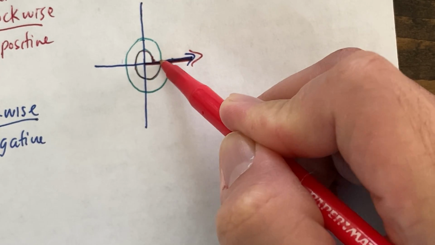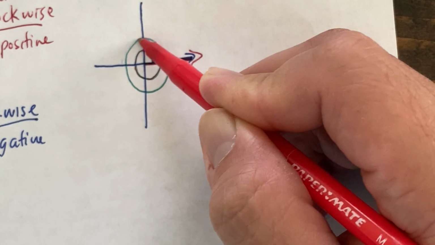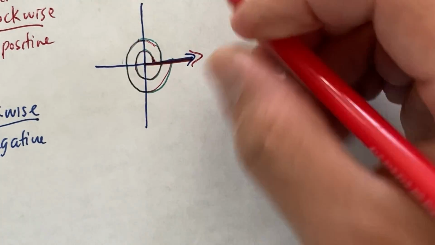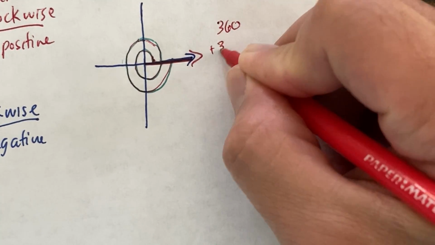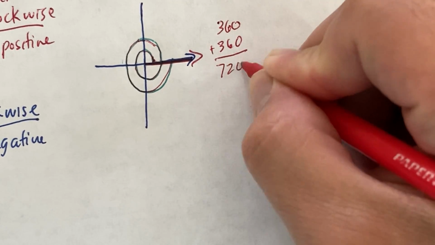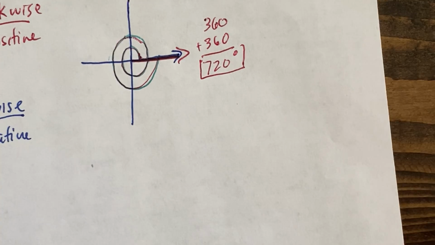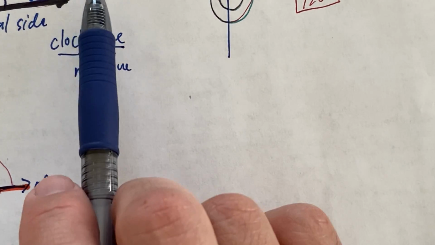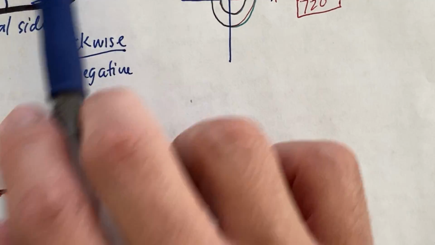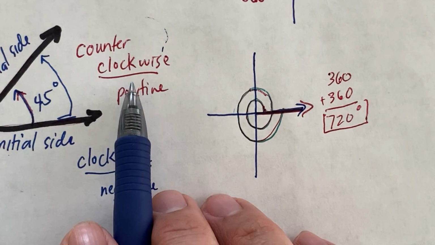That's one complete revolution and another complete revolution. So 360 plus 360 gives us 720 degrees. Got it? Okay, next.